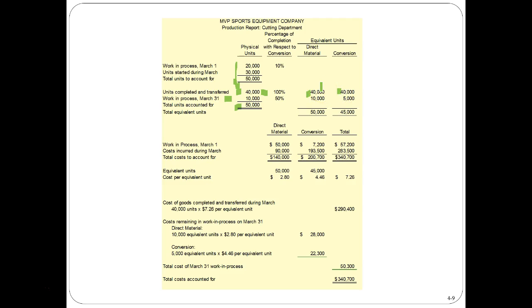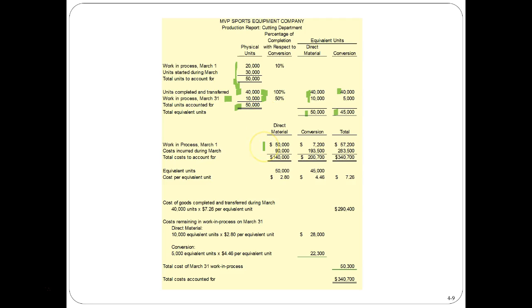So the equivalent units would be the same as the total units here. On the other hand, the units that are still in process, we're going to say they're completely finished for materials because 100% of the materials went in at the beginning, but they're only 50% for conversion. Therefore, we came up with 50,000 direct materials for equivalent units, and that's the same as total units. But the conversion is only 45,000 for equivalent units versus the total units.